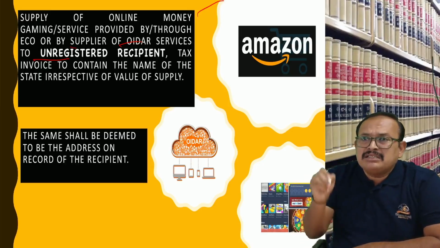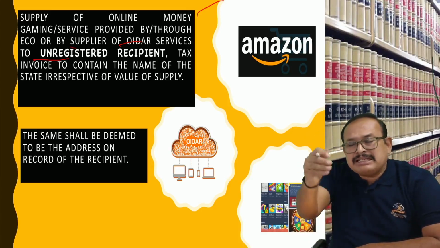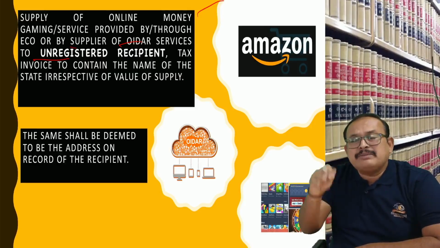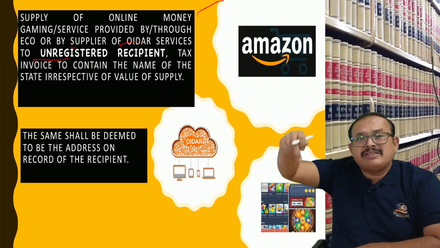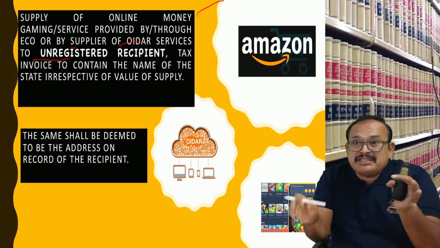At least the buyer name along with the recipient state name should be mentioned. If the state name is mentioned, the state name of the recipient is deemed to be the address of the recipient for revenue sharing, GST sharing purpose.